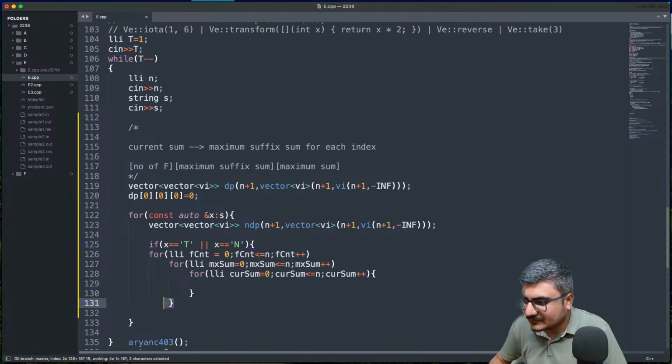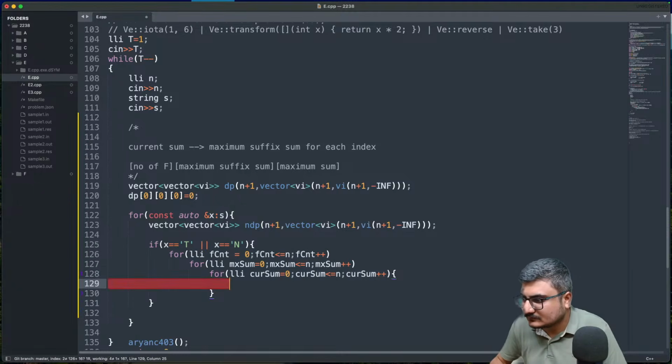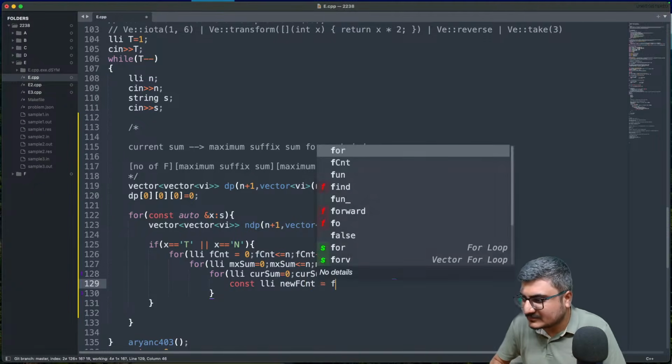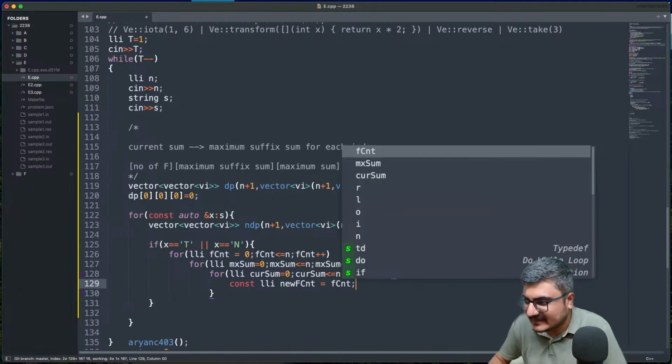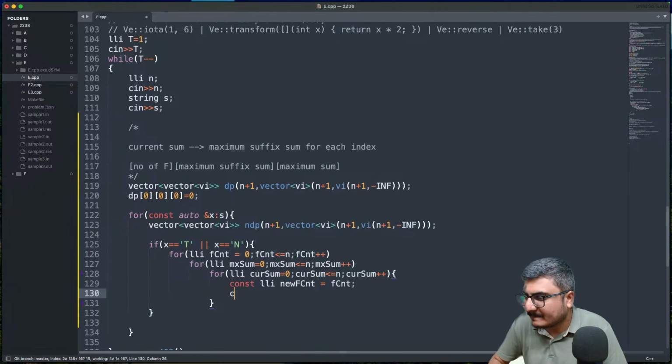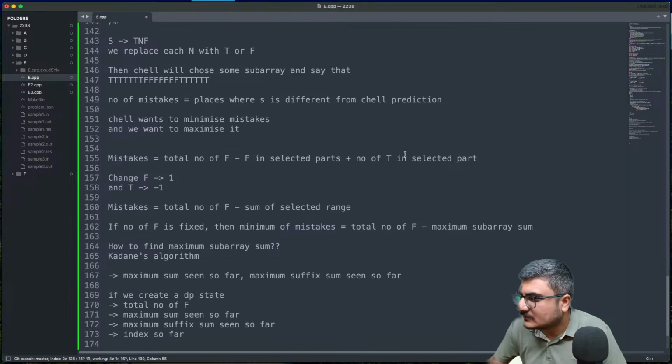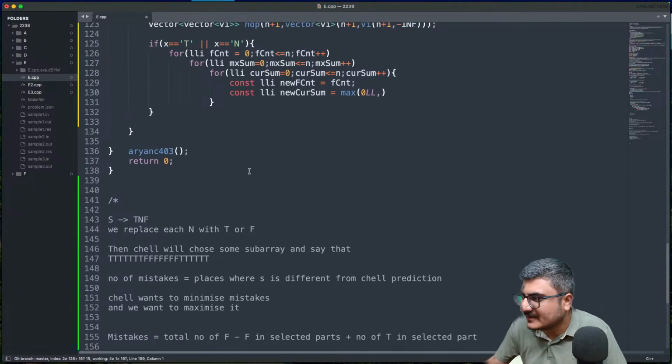When we are trying to put true, the new f count would be same as f count because we are adding true here. For f we are making it 1, right? For t we are making it -1.